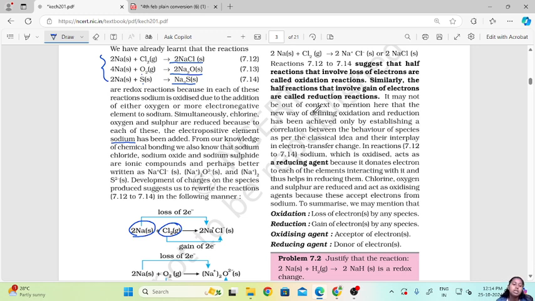One is losing 2 electrons, the other one is gaining 2 electrons, so there is a transfer of electrons involved. So a new definition arose because of this.